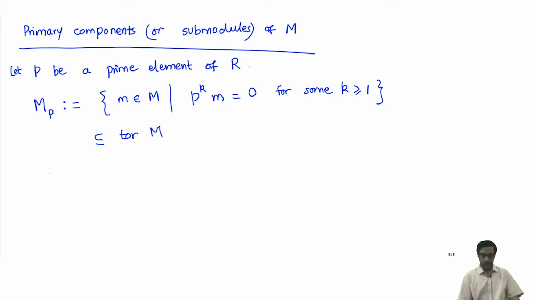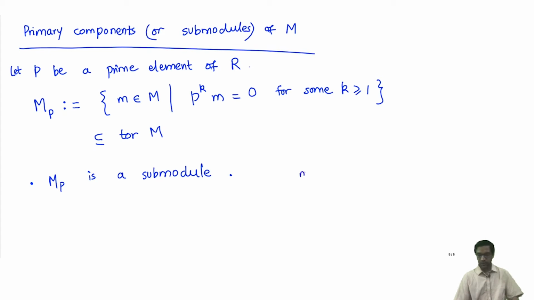And the key point here is that M_P is also a submodule. So observe that M_P is a submodule of M. Okay, and why is this? Well, the proof is almost the same as what we did in the case of the torsion submodule. So I'll just quickly indicate the proof.